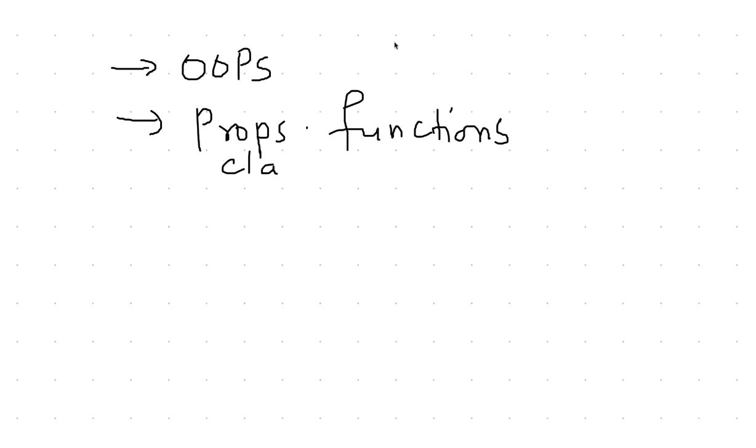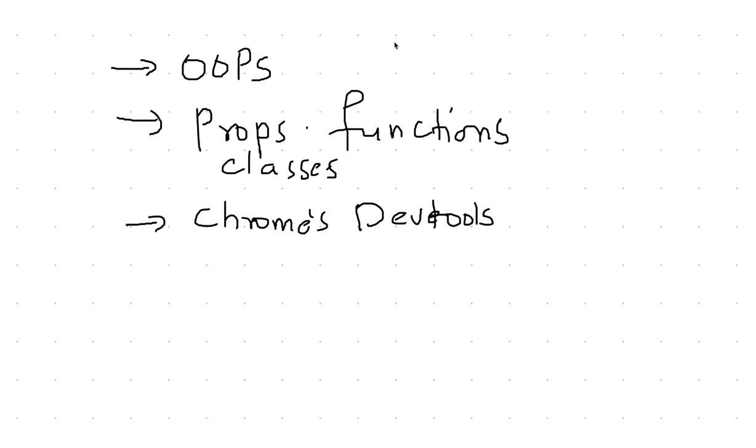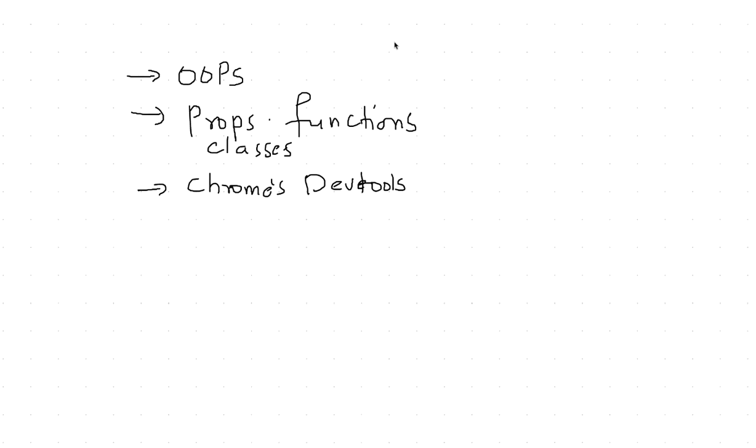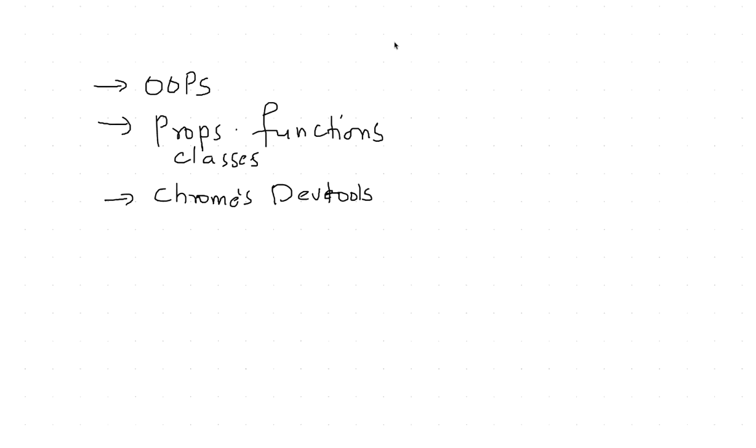We tried to understand how Chrome's developer tools work. These developer tools are very important for us to debug the information, or try to understand how the data is flowing and also everything about our application.